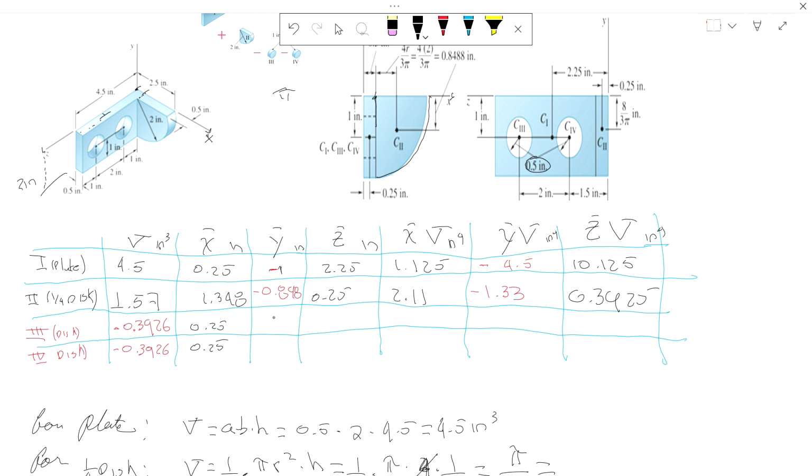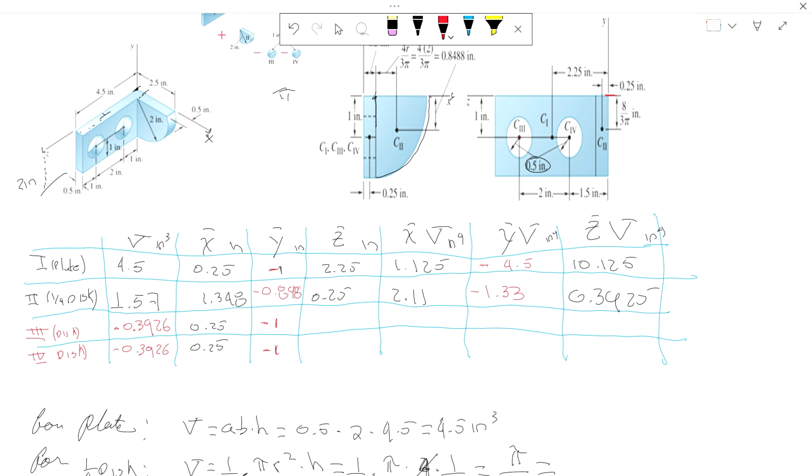All right, and Y is going to be a little more interesting. It's not going to be too difficult though, because this is 0 and this is 2, so negative 1, right here, starts from 0 and then goes to negative 1, and they're aligned, so it's negative 1 as well.